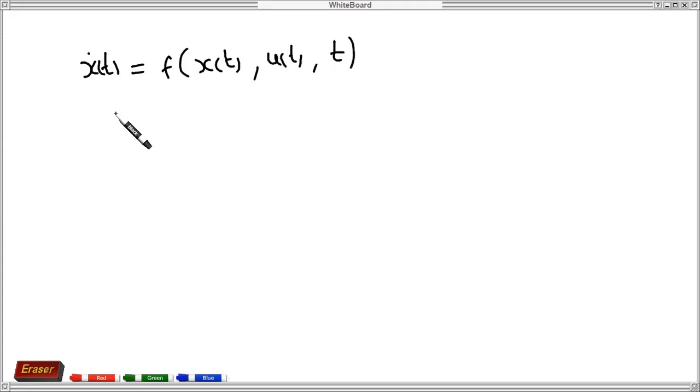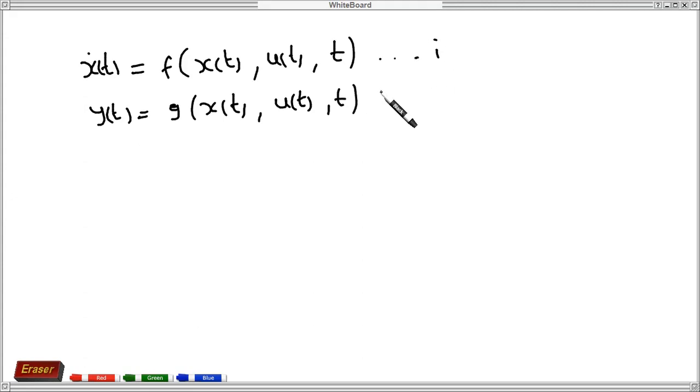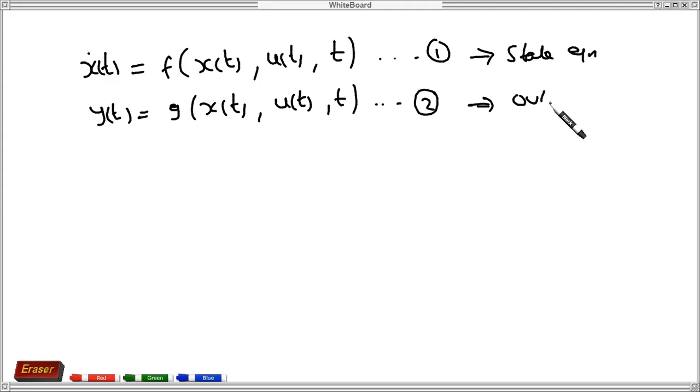And the output of the system is a function g of the states, the inputs, and time. You can call this equation 1 and this equation 2. This is the state equation, and this is the output equation.